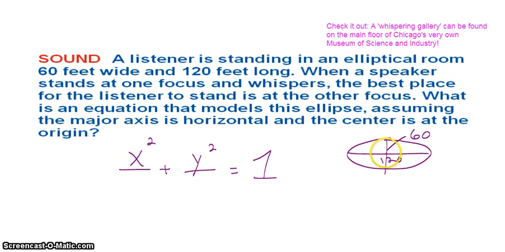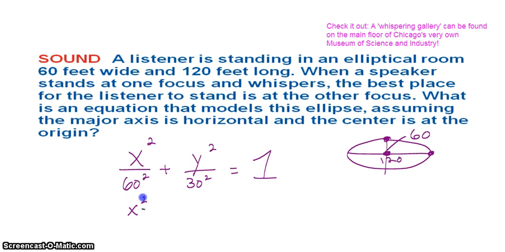So my distance from my center to my vertex is 60, because the whole thing spans 120, so consider that like your diameter. My radius then would be 60. From my center to my co-vertex would be 30, because the whole thing's 60, so again, think of that as my diameter, and my radius would be 30.